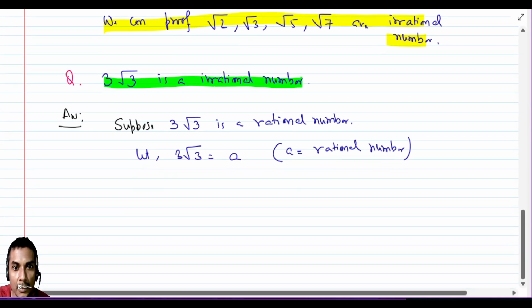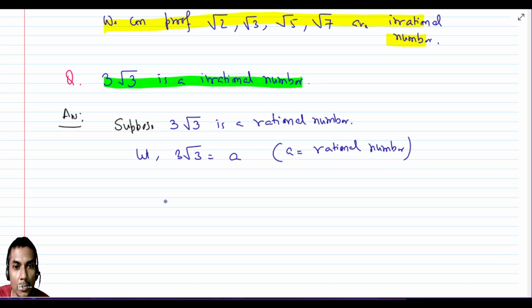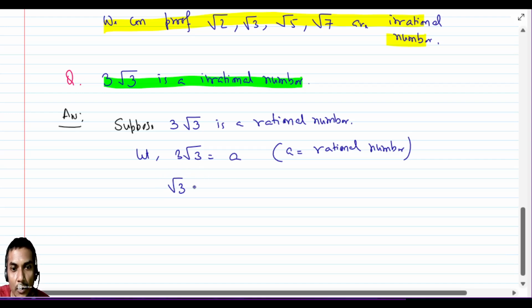Okay. So squaring both sides, we get what? No need to square here actually. A different way you can prove that: root 3 is equal to a by 3.